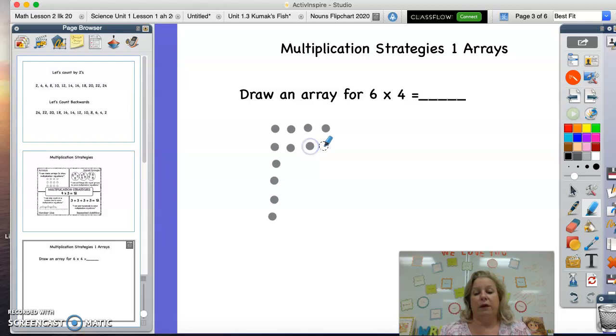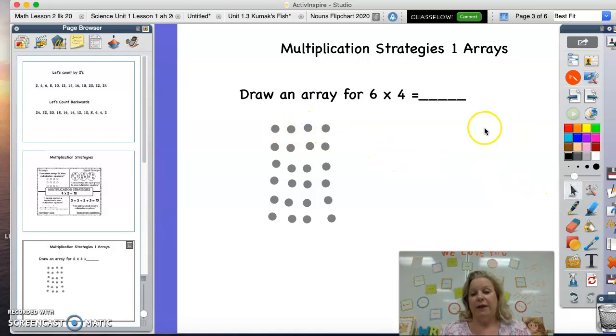Okay, so here we have 1, 2, 3, 4, 5, 6 rows by 4 columns.